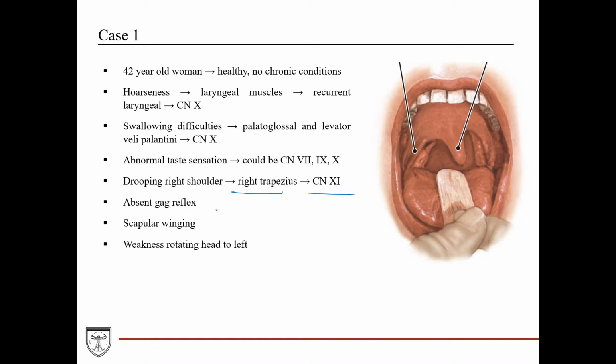So, absent gag reflex. With these reflexes, guys, there's a sensory limb and then a motor limb. Anybody want to take a guess at what the sensory and the motor limbs are?